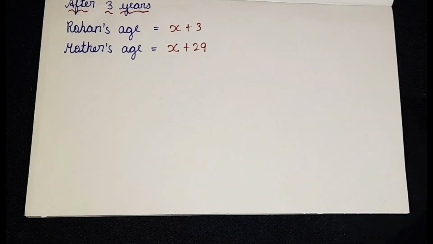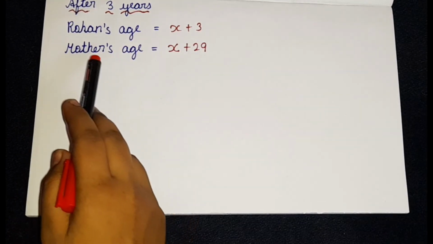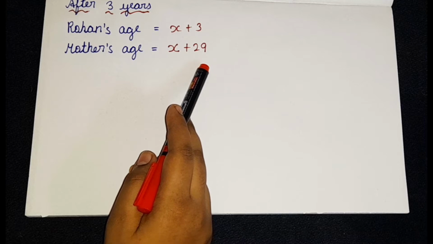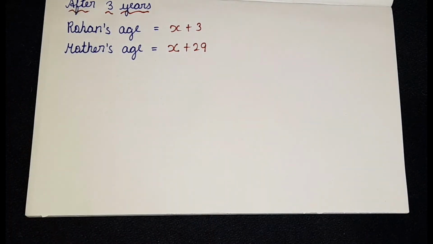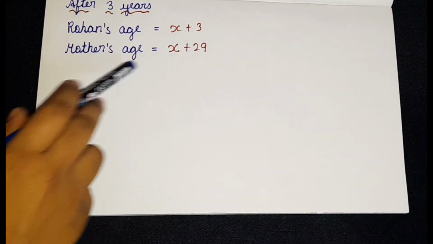So as you know, after 3 years Rohan is x plus 3 and his mom is x plus 29. We are supposed to multiply them since it is product. Remember, whenever we have product, we are supposed to multiply. It is multiplication. So what are we going to multiply? We are multiplying x plus 3 into x plus 29.